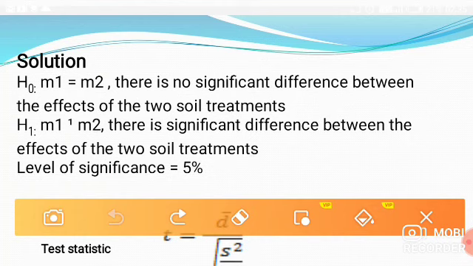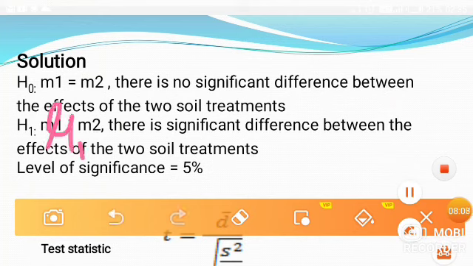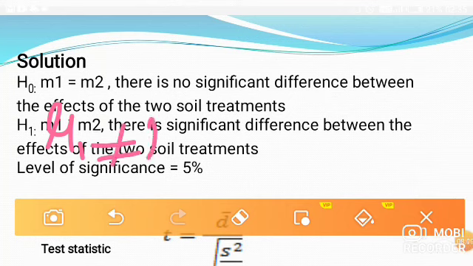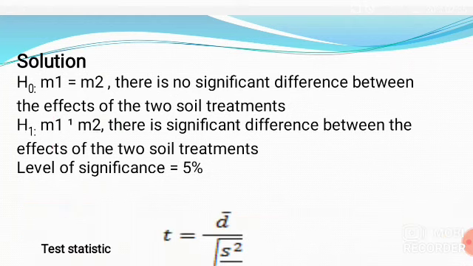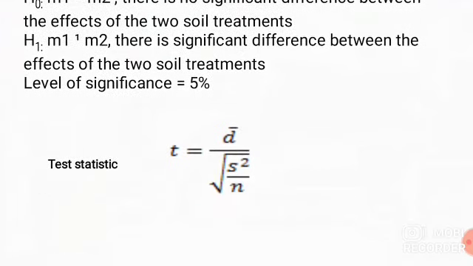The alternative hypothesis H1 is mu1 does not equal mu2. It means there is a significant difference between the effects of the two soil treatments. Now we take the level of significance as 5%.